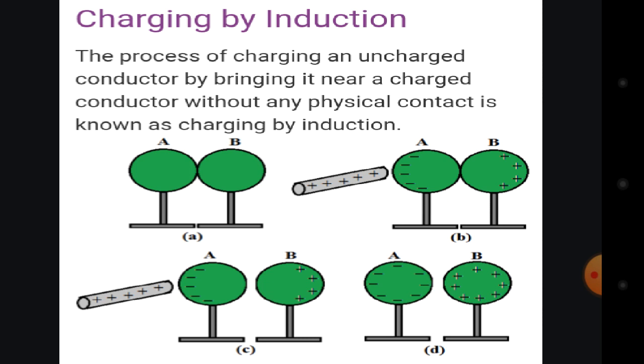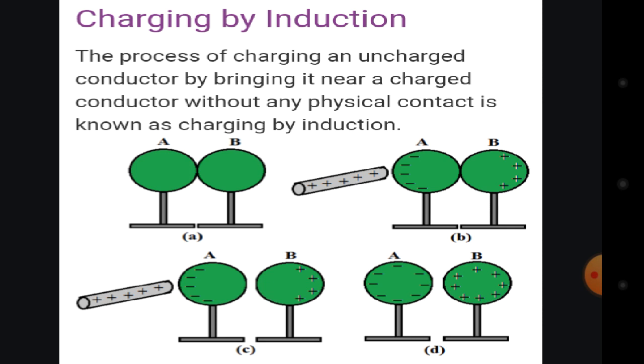We are trying to do the charging by positive, and the sphere also has the negative charge. That is why they are trying to be in contact. So you see that the positive charges will shift back and move away. Why? Because of the repulsion.